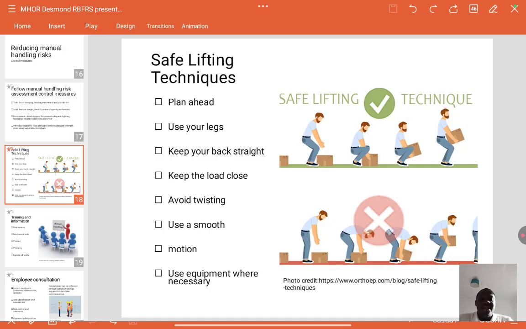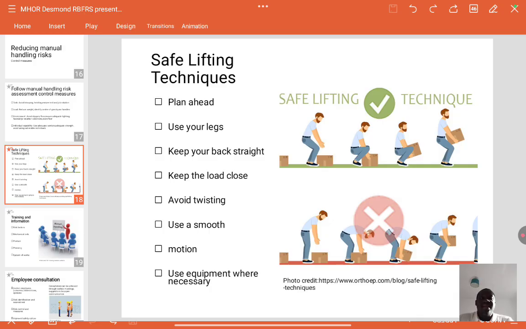When you look at the picture below, it is wrong to bend the back whenever you are lifting, and you don't stand to lift. You can see the person is doing it wrongly because he's standing and trying to lift the weight or the load.